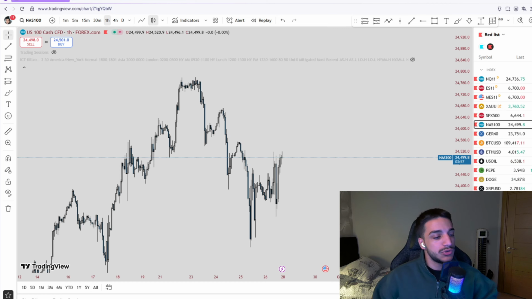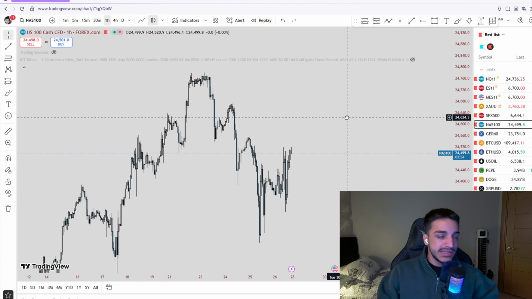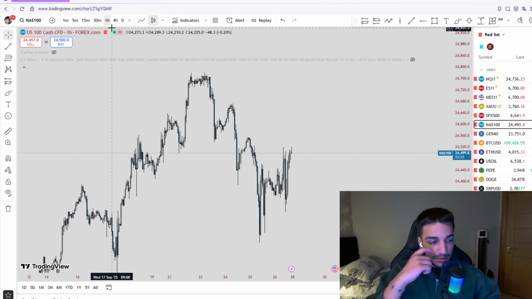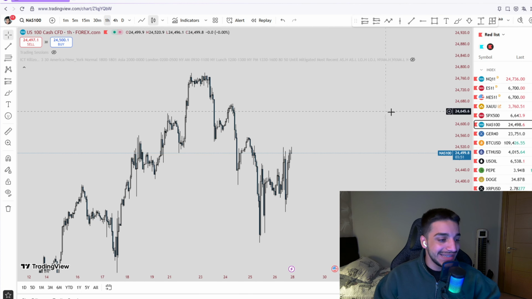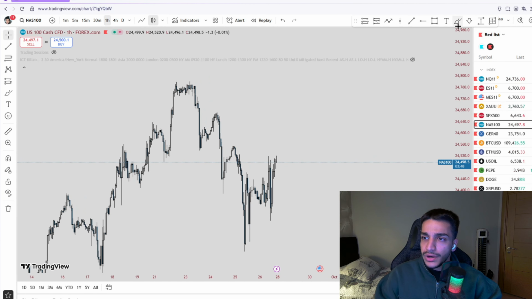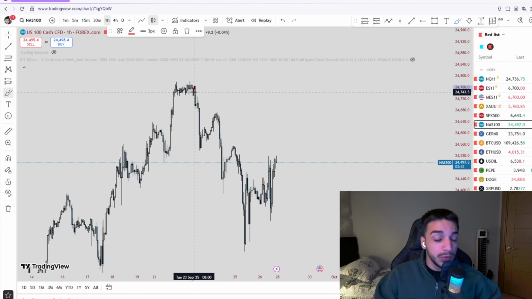Yeah, that looks better now. So what are we seeing? This is our 1 hour time frame in Nasdaq. We were going bearish. You see, we had this support area and we started going lower.